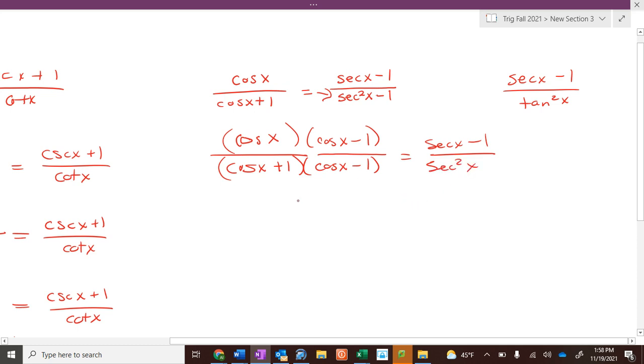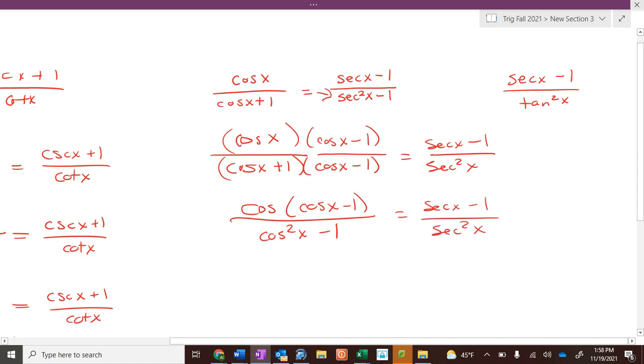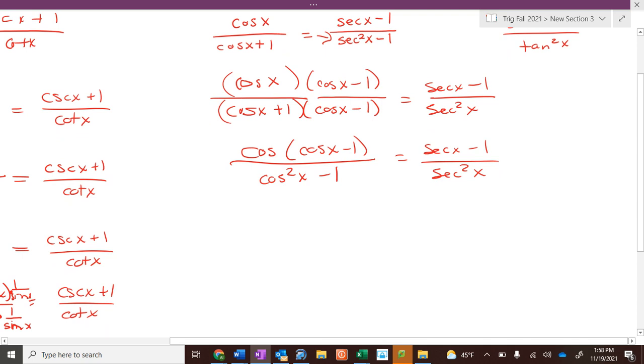So if I FOIL on the bottom, I'll leave the top separated for now. If I FOIL on the bottom, I get cosine squared of x minus 1. What's cosine squared of x minus 1 equal to? Sine squared of x.